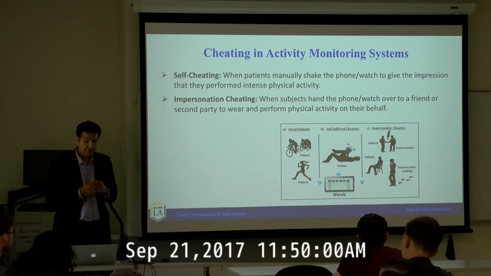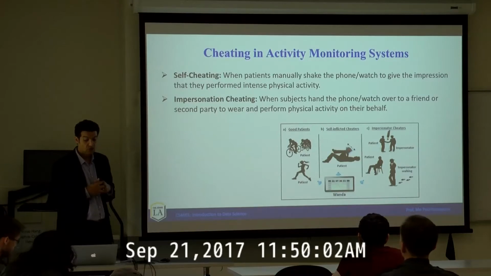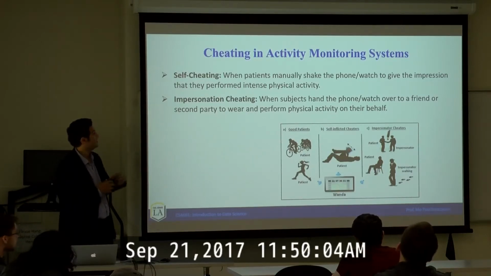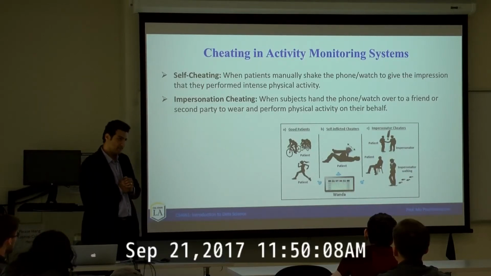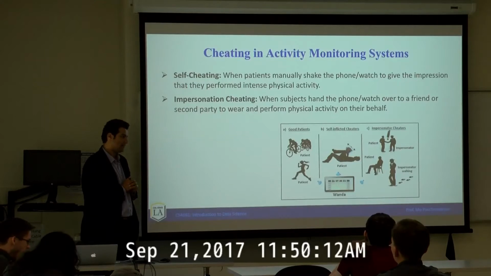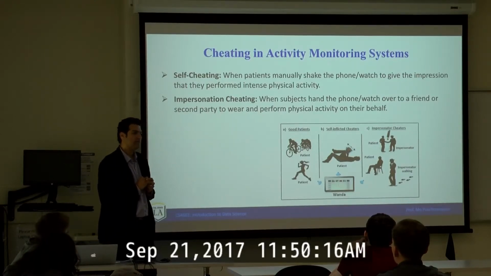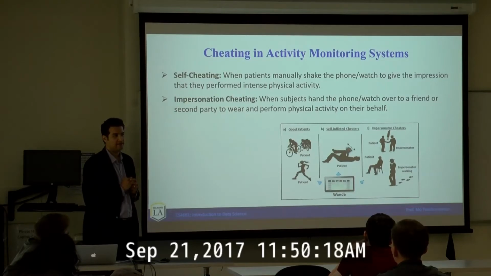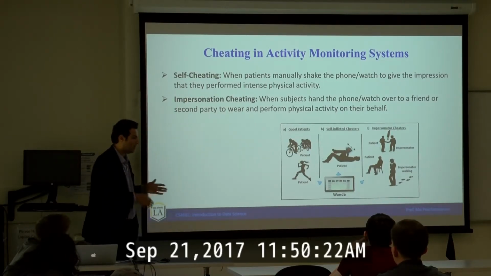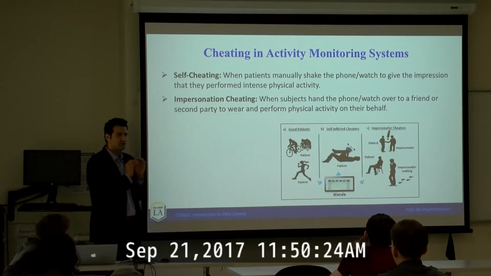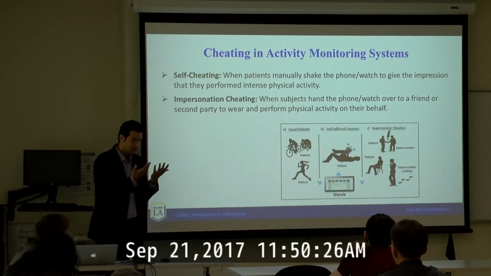And we were able to detect impersonation cheating, because it's very interesting. Each individual has his or her own unique pattern for walking and running. So it's like a fingerprint. The way that I walk is different from the way that you walk.